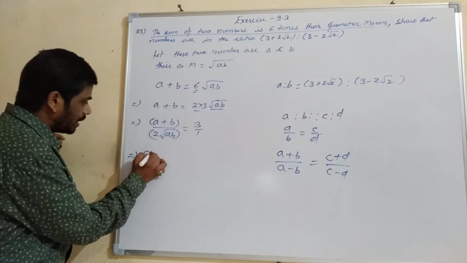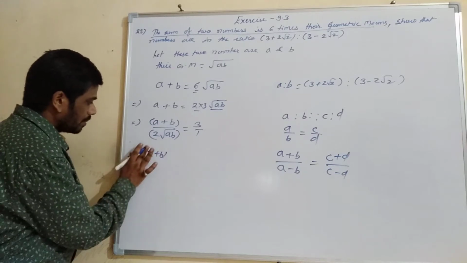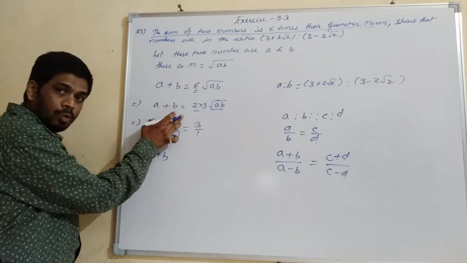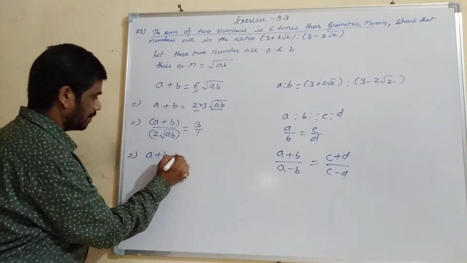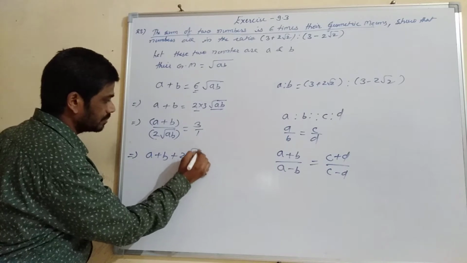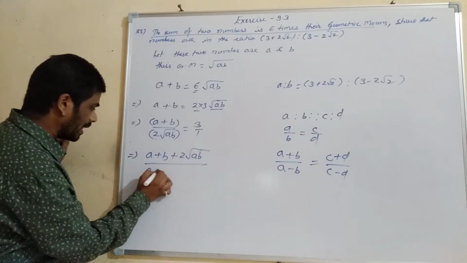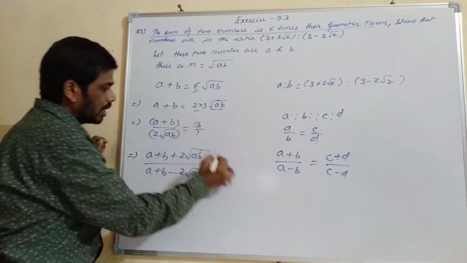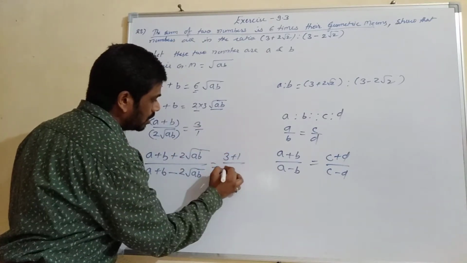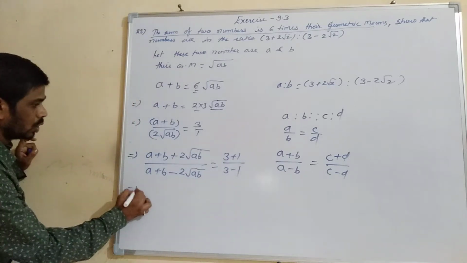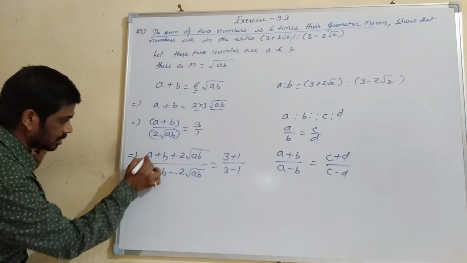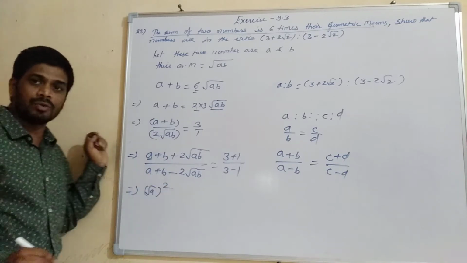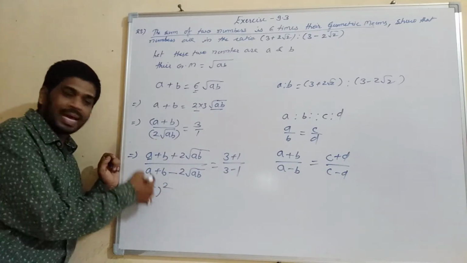Here, numerator plus denominator: a plus b plus 2 root ab upon a plus b minus 2 root ab equals 3 plus 1 upon 3 minus 1. So this a you can write as root a whole square, because square and square root cancel, so we get a only.